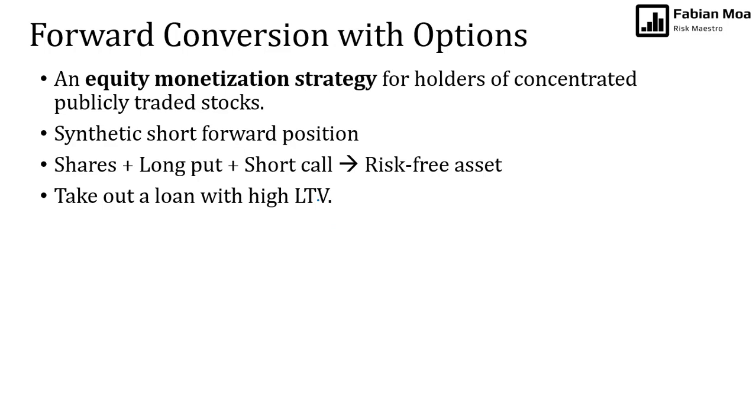Now, some may ask, how is this a short forward position? If we try to recall the put-call parity, then it will be easier to link. In the put-call parity, the value of a protective put, a long put and a long underlying share position, is equal to a long call and a long risk-free bond.